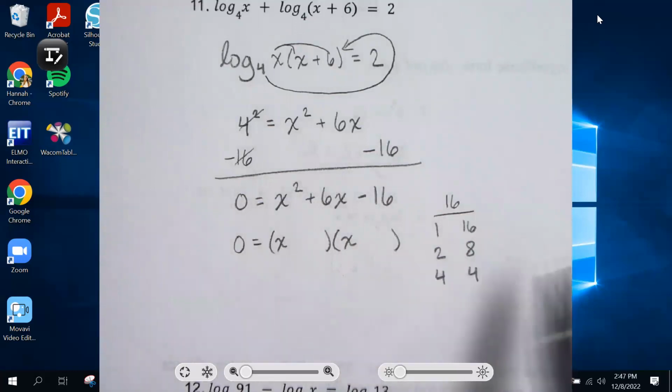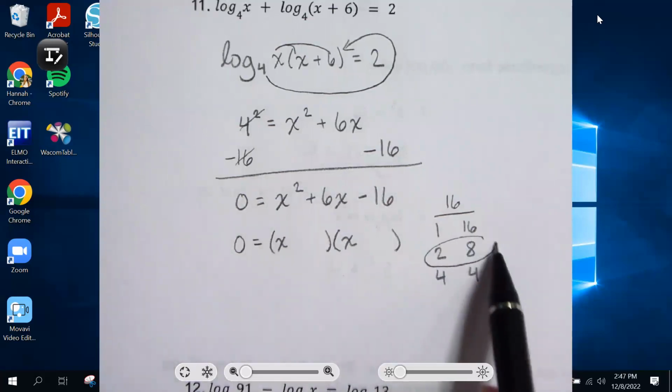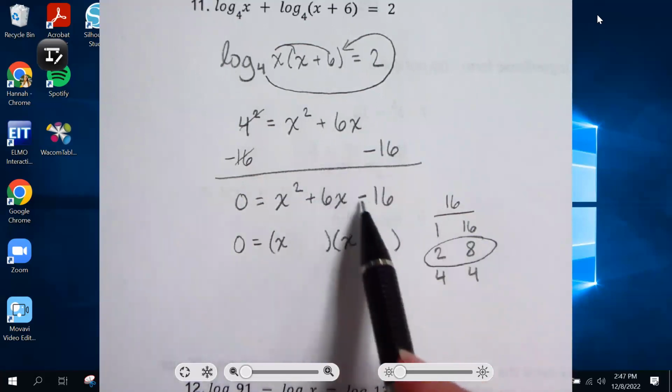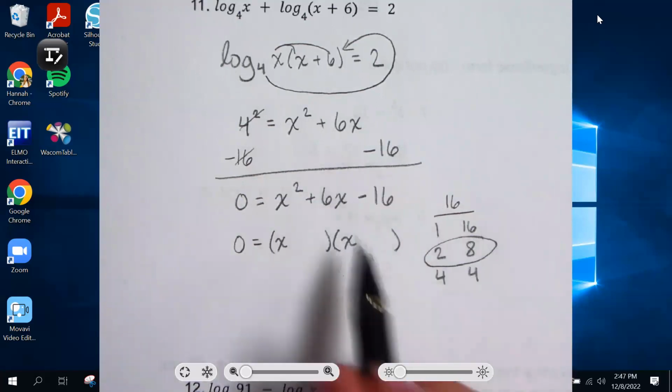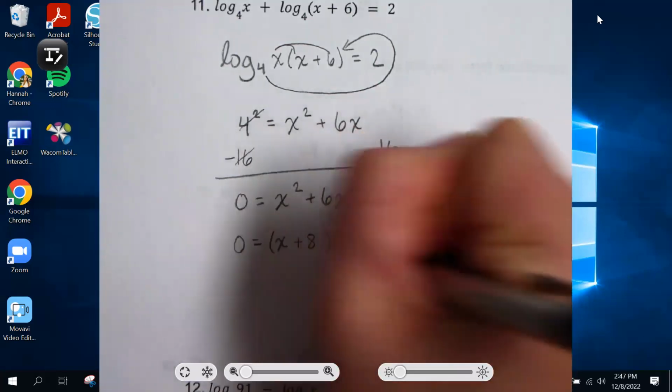Now we can look at each pair of factors to see which ones we can use to add together to get 6. We should be able to use 2 and 8. One of them has to be negative so that they'll multiply together to be negative 16, but we need them to add to be positive 6, so this should be plus 8 minus 2.